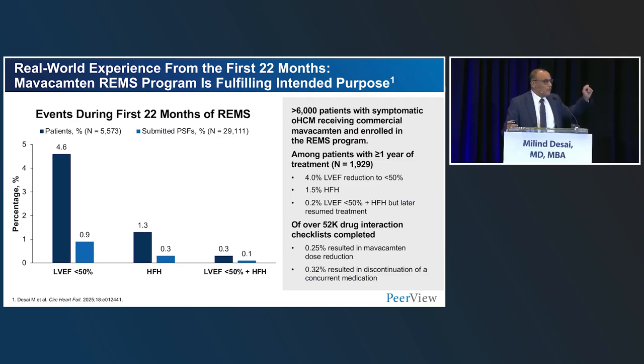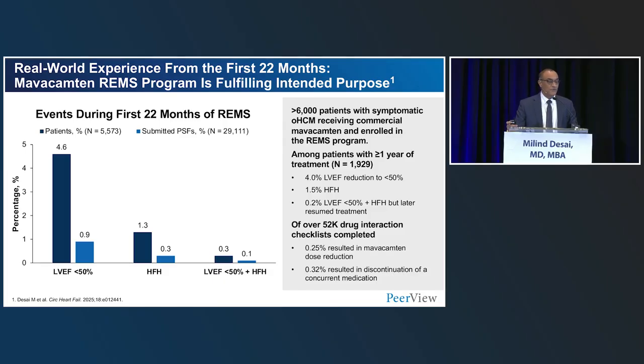But for every perceived inconvenience, the flip side of that is what? An opportunity. Okay? So now we have the world's largest obstructive HCM database with detailed serial follow-up echoes prospectively collected. Tell me which other disease has this. So we have taken advantage of this.